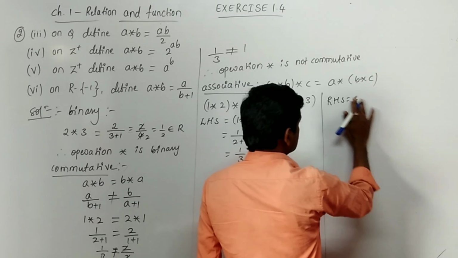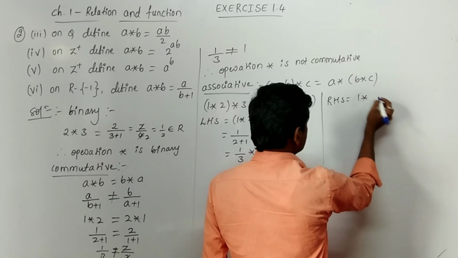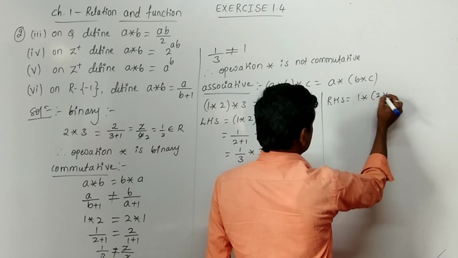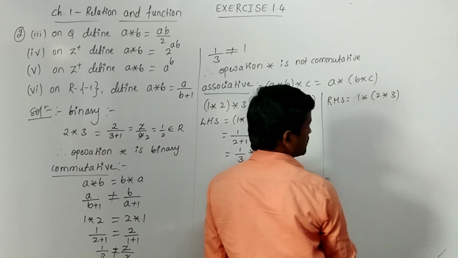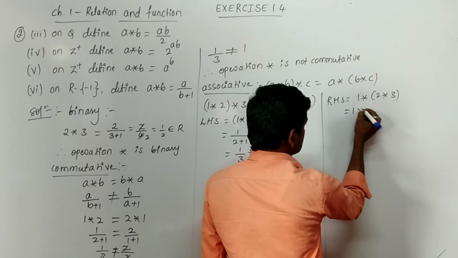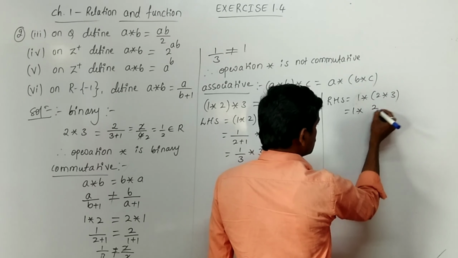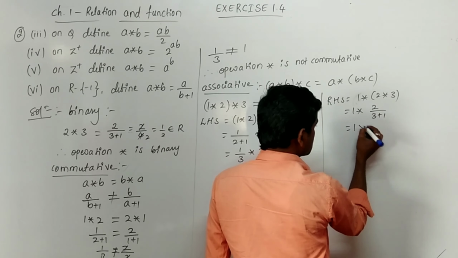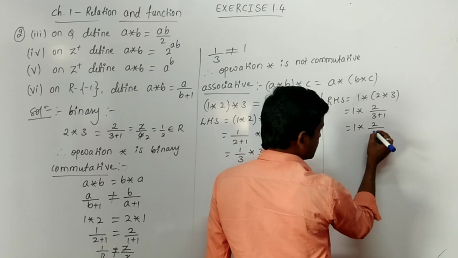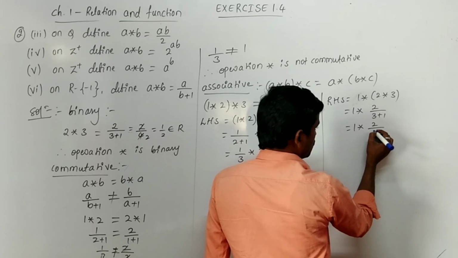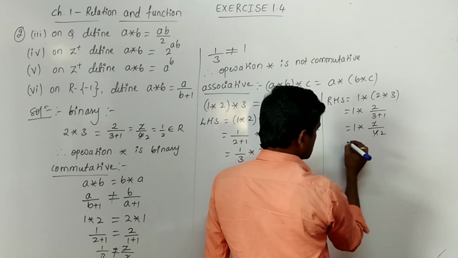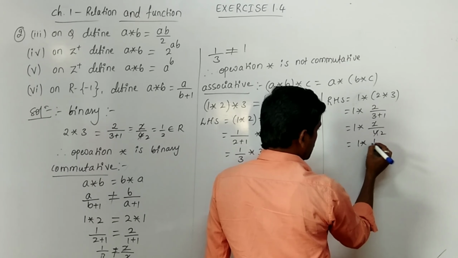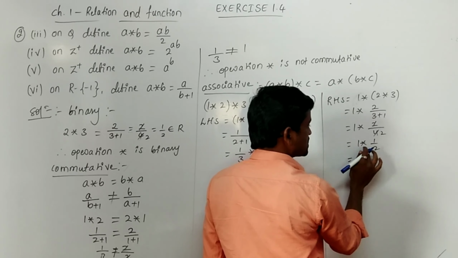It is a star, a is 1, b star c, b is 2, c is 3. Then 2 star 3 is 2 divided by 3 plus 1, it is 2 divided by 4, 1 by 2. 1 star 1 by 2 is a star b form.